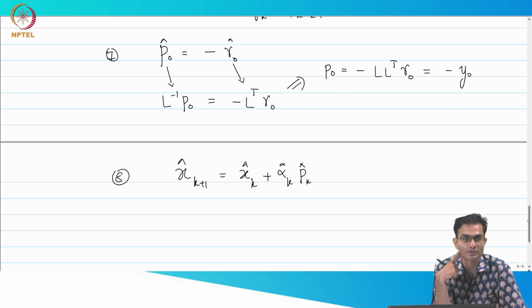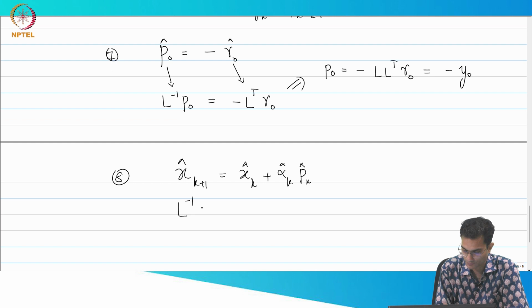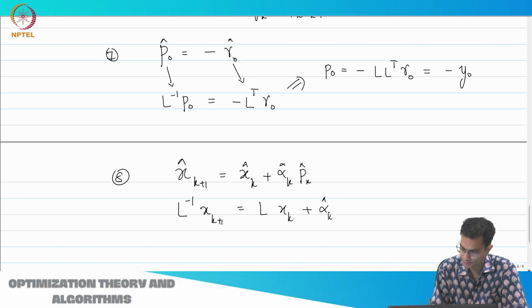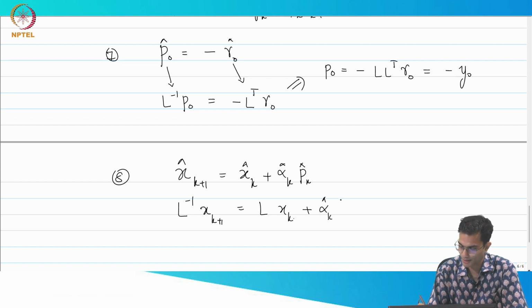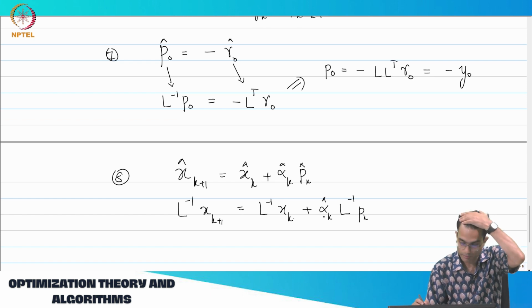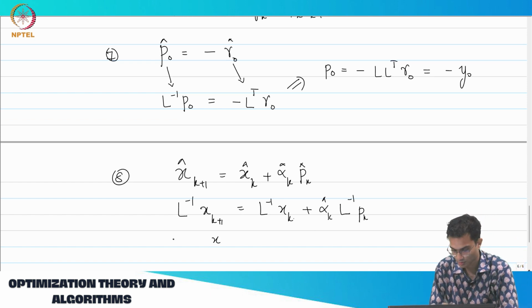Is it L or L inverse? L inverse. So this is L inverse xk plus 1, L xk. Alpha hat, I have an expression, I am going to leave it, and p hat is again L inverse pk. So basically I get the same expression.